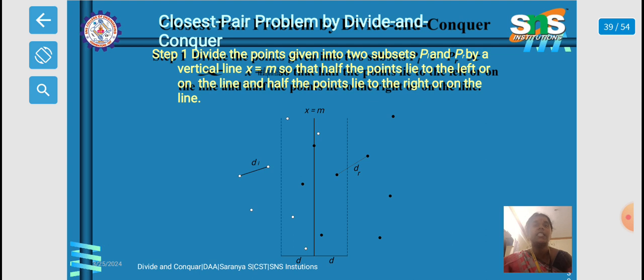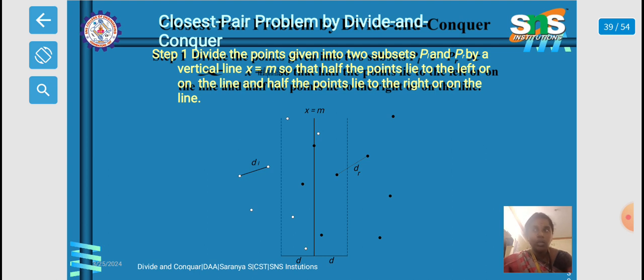If n is greater than 3, we can divide the points into two subsets, P_L and P_R, of n divided by 2 points each, by drawing a vertical line through the median m of their x-coordinates, so that n divided by 2 points lie to the left of or on the line itself and n divided by 2 points lie to the right of or on the line.